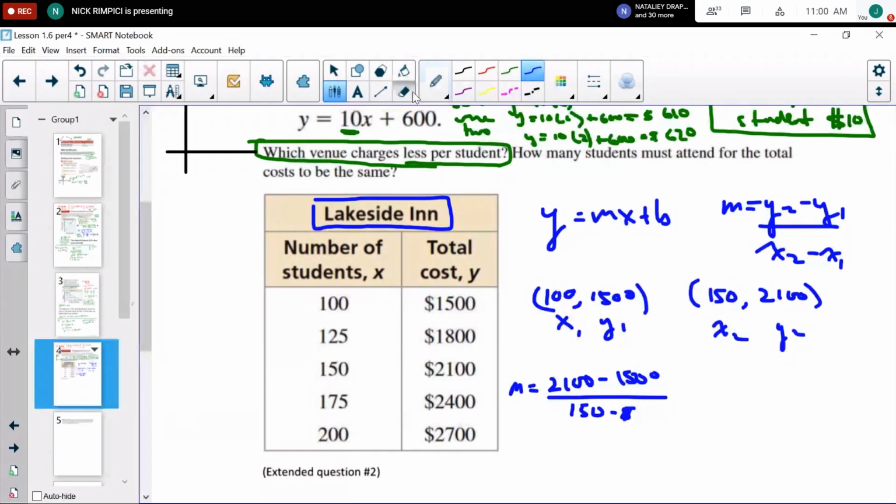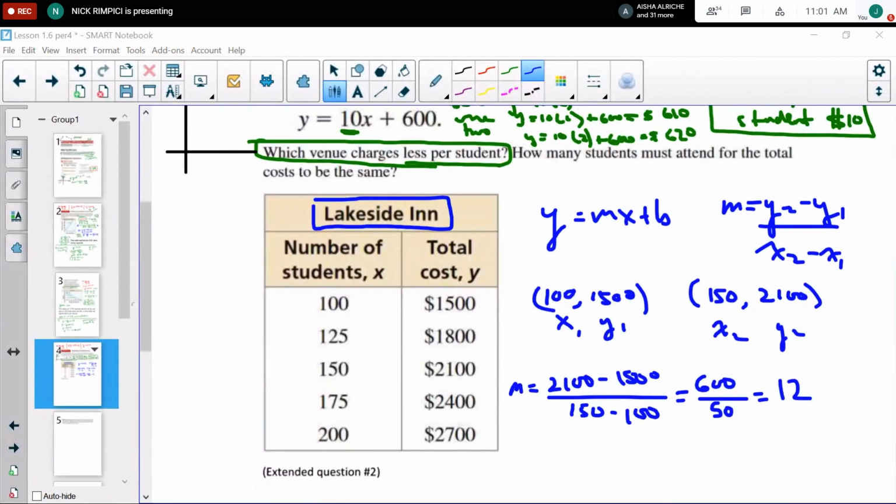Let me fix that. And I do a little algebra. 2100 minus 1500 is 600, and 150 minus 100 is 50. If you divide 600 by 50, you get 12. So my M is 12.